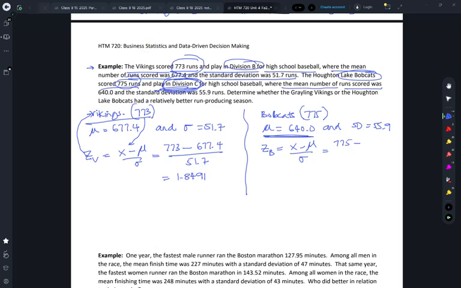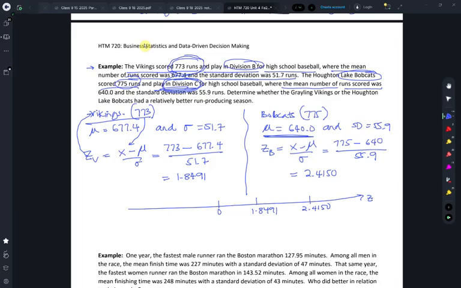That will be 775 minus 640 divided by 55.9, which is equal to 2.4150. On the same z-score scale, I have 0, I have 1.8491, and I have 2.4150.